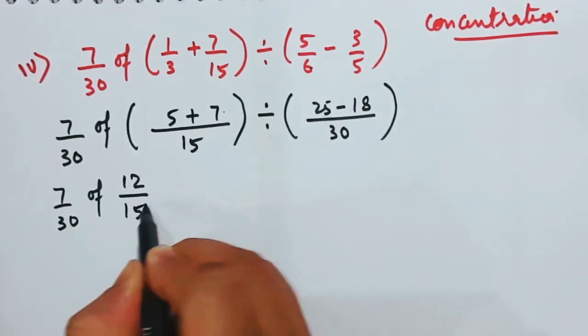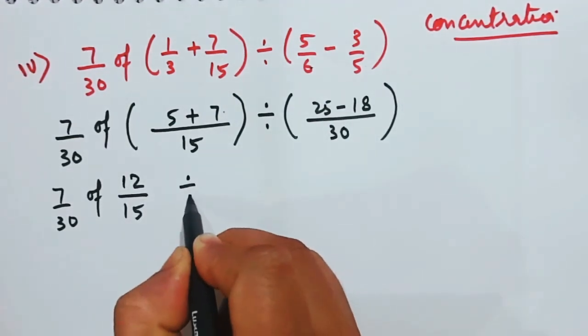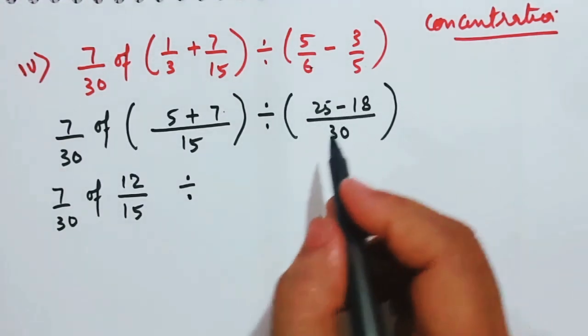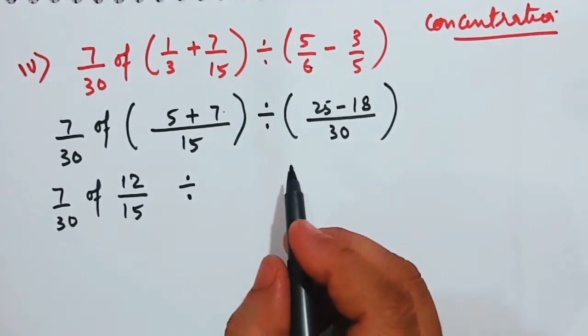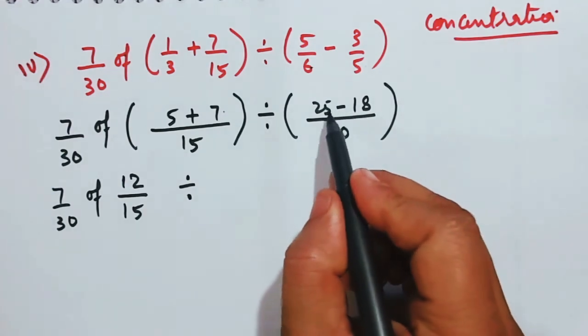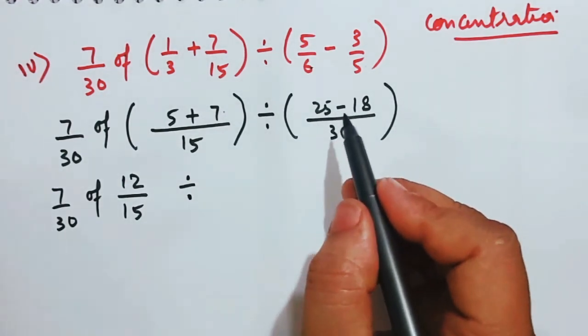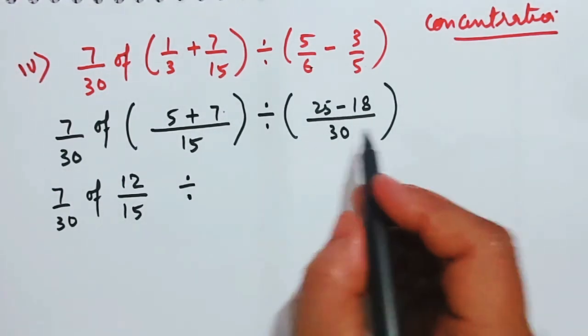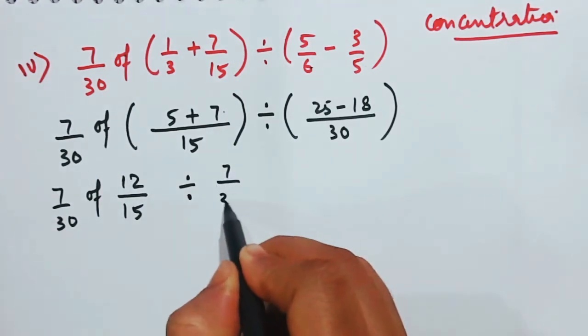12 by 15 divided by 25 minus 18 is equal to how much? 25 minus 18, my son, is here. Yes. So 25 minus 18 is 7. 7 by 30.